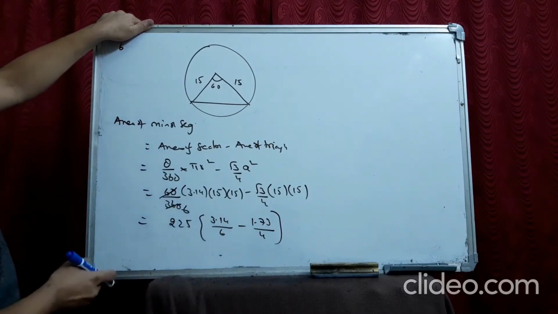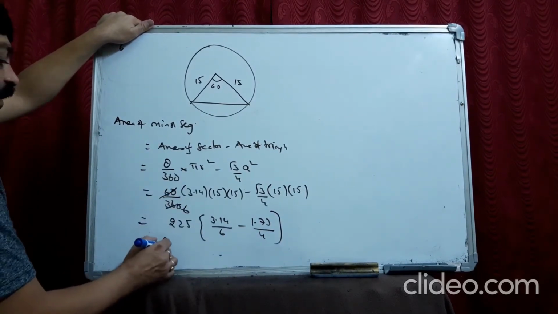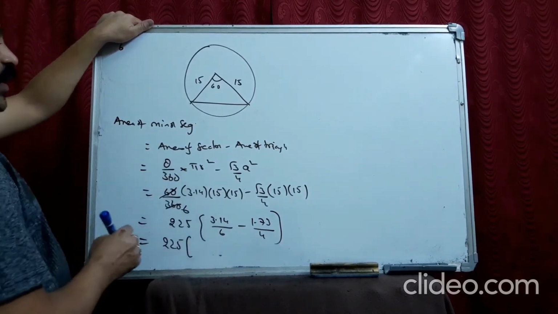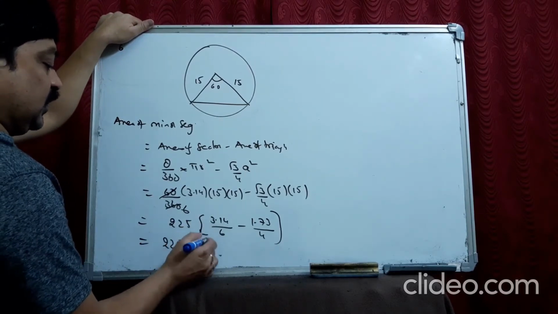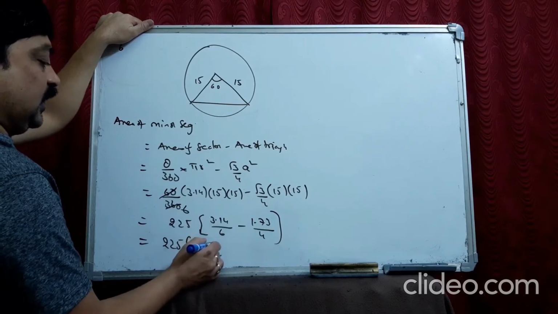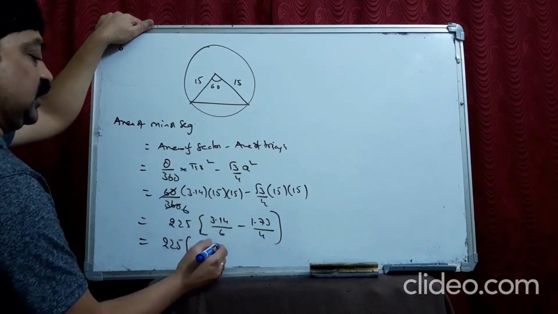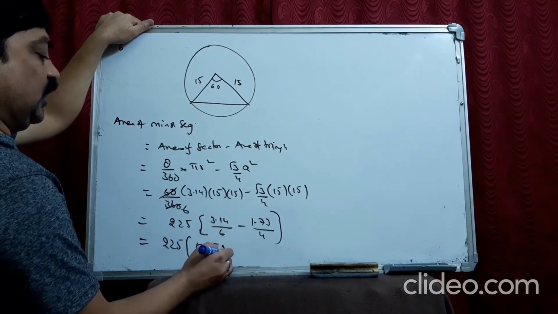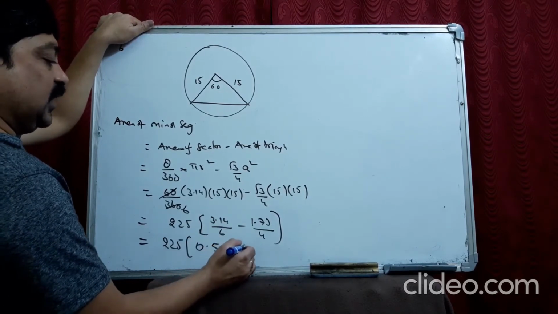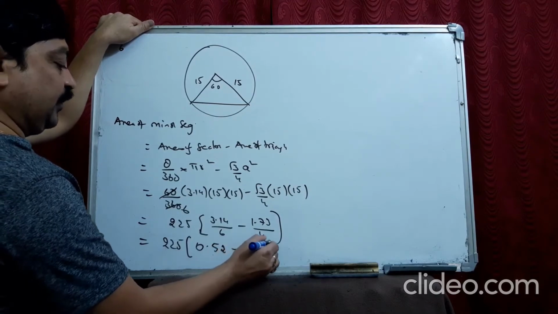So you can multiply like this directly. 225 into it becomes 0.5, minus 0.43.